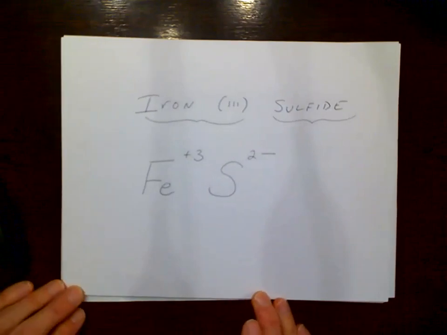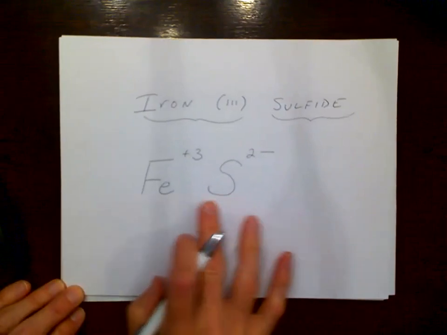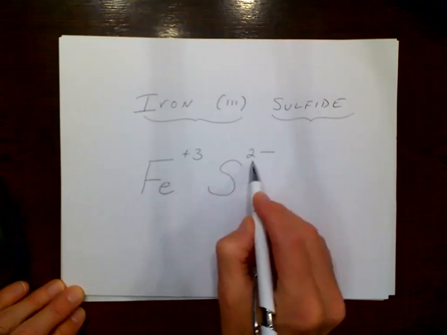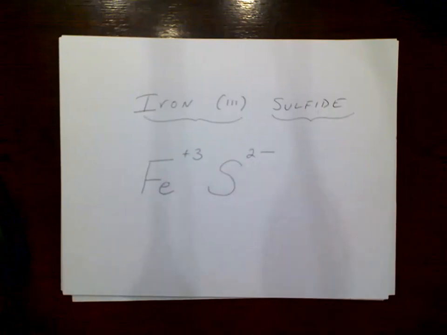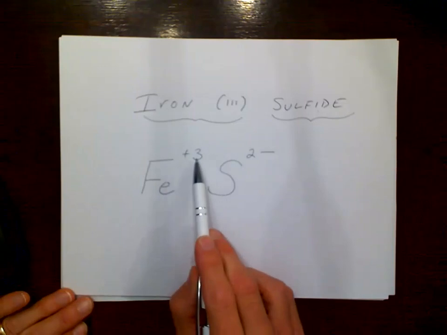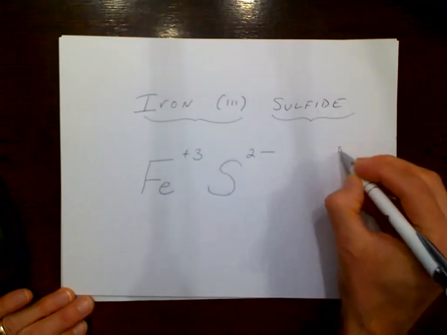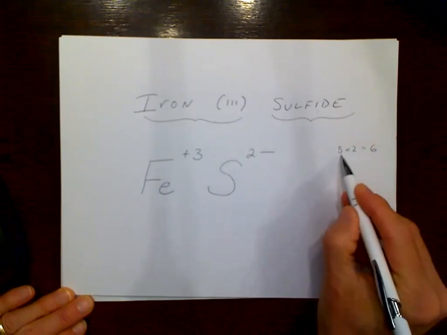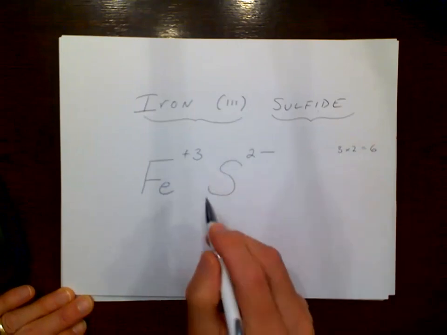And then our next goal is to balance this. We need to balance the charges. Of course, 3 and 2, that's unbalanced. We've got to get the same number of positive charges as we do negative charges. So in order to do that, we're going to need to find the least common multiple of 3 and 2. Well, 3 times 2 is 6. Well, that means to get this to 6, I'm going to need to multiply it by 2.